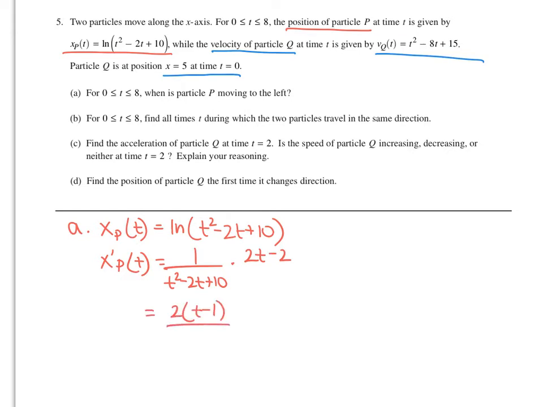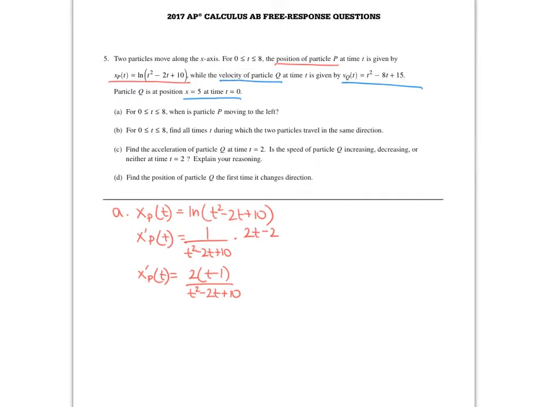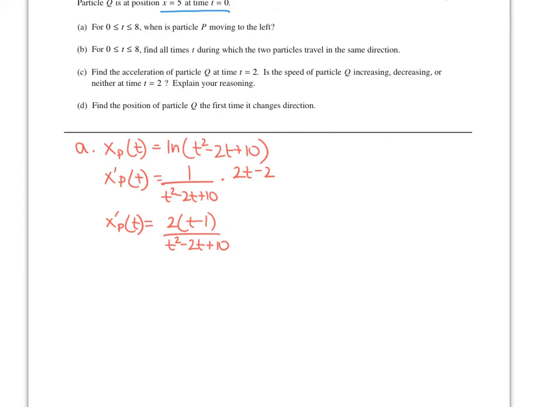And if you want to factor that when you write it, just so it helps you find your critical values, go for it. Okay? So our first derivative is there. And our only critical value from that is t equal to 1. So x prime of P of t equals 0 when t equals 1, and it is never undefined.